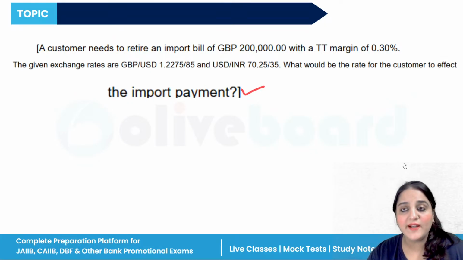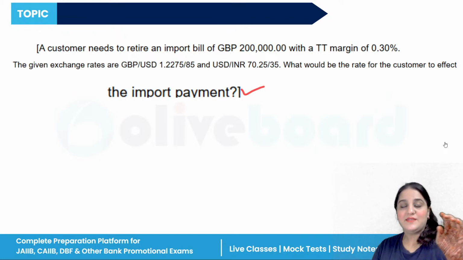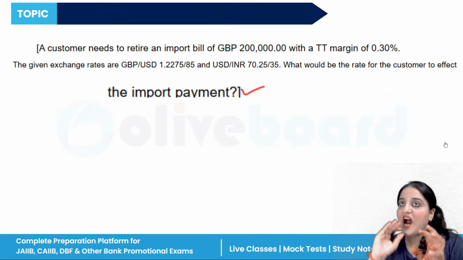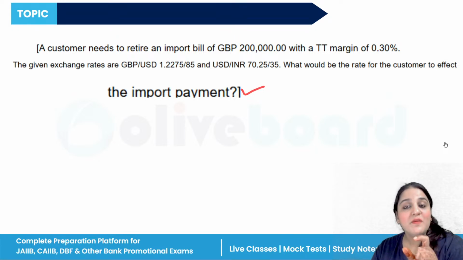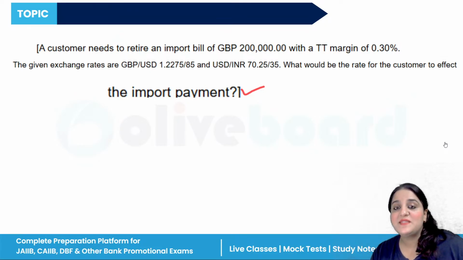First, let's know how to calculate these types of questions, right? So see, first let's understand the scenario. The customer is buying British pound here to make an import payment. Then the bank will sell British pound to the customer.